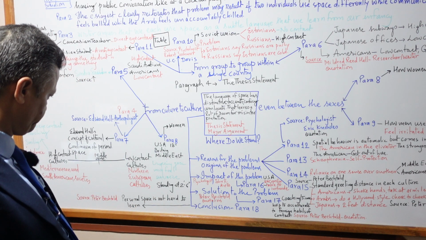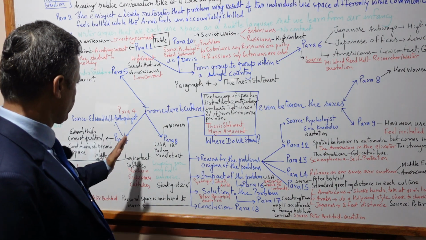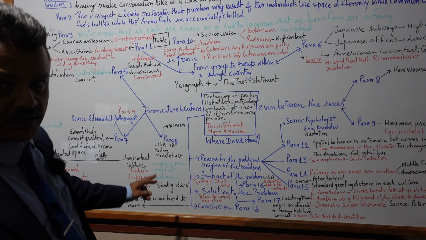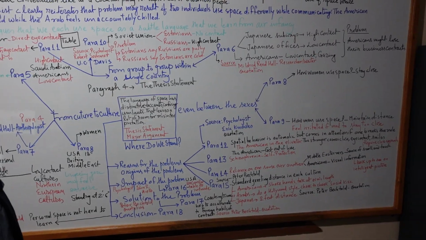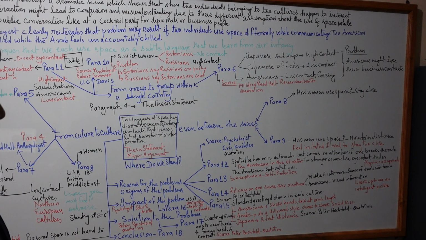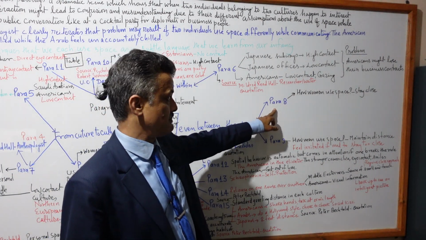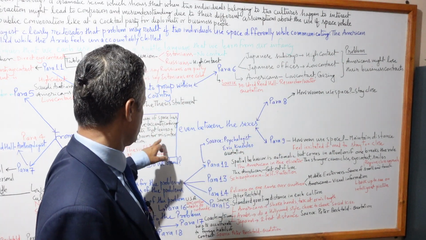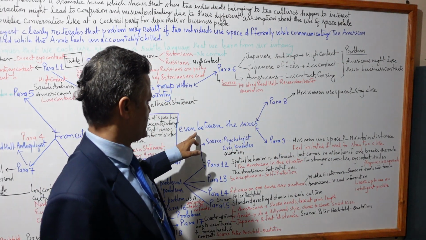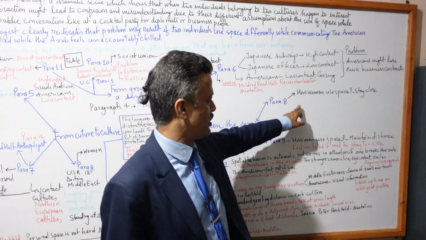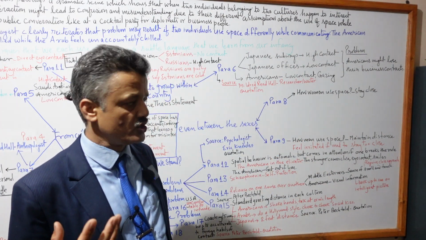Okay, then from paragraph 8, again in paragraph 8 we have something else also. Let's check here. Paragraph 8 also talks about this idea that the use of space differs even between sexes. For example, in paragraph 8 we also read how women use space.